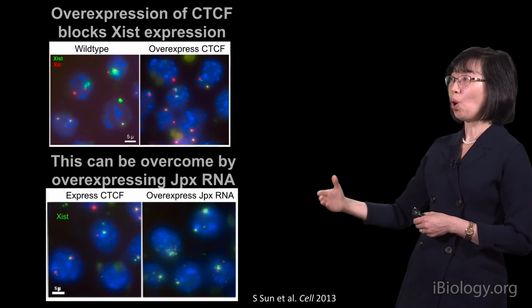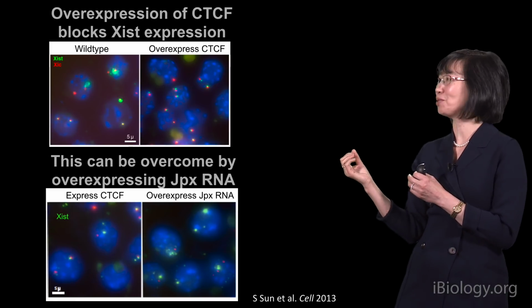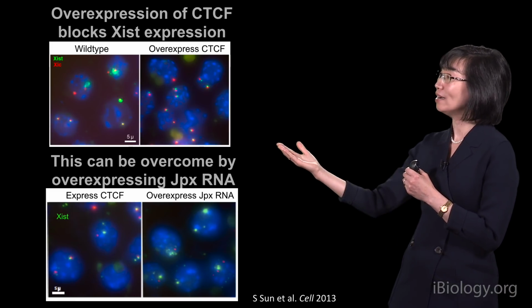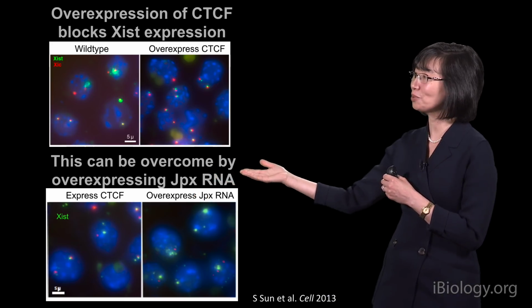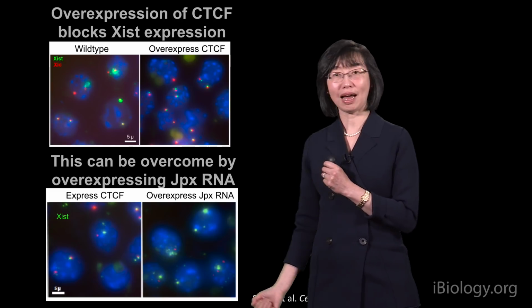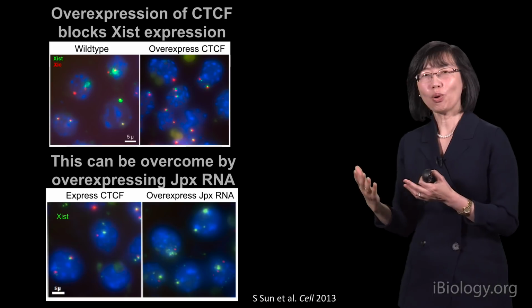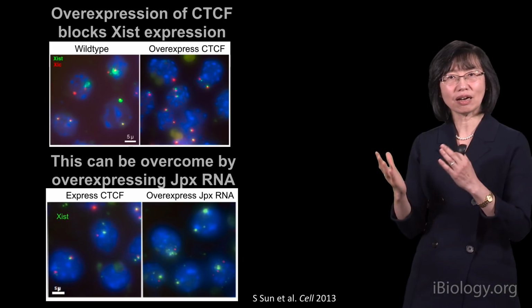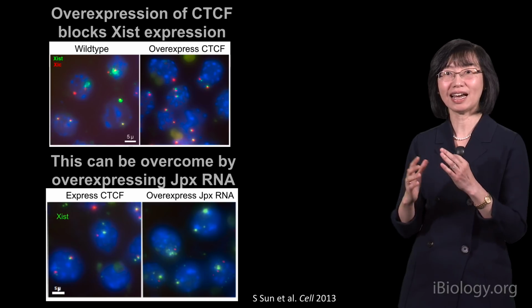However, we can overcome these extra quantities, if you will, of CTCF by giving the cells extra Jpx RNA. And so that's what we've done here. And you see that these green spots come back.